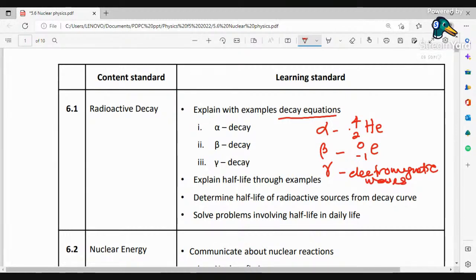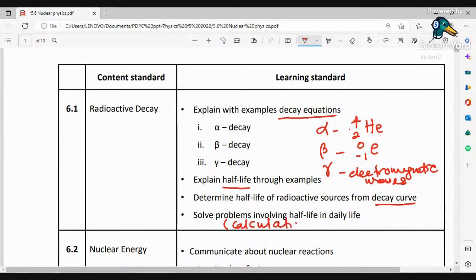Then we discuss the concept of half-life. Determine half-life of radioactive substance or sources from decay curve, and then solve problems involving half-life. So ada calculation problem.